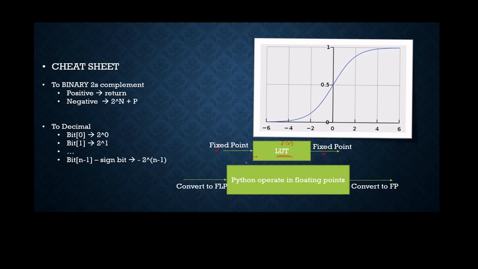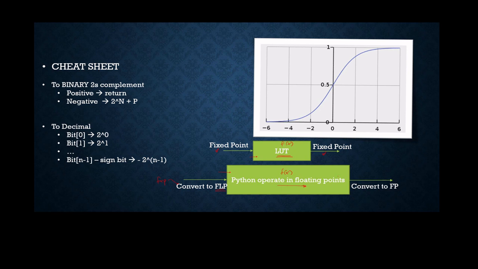Now, in order to convert this, we'll take the help of Python offline. We will take the fixed point and first convert it or map it to floating point, just a number. Then we'll compute using Python libraries or whatever functions, convert that to the output f(x).